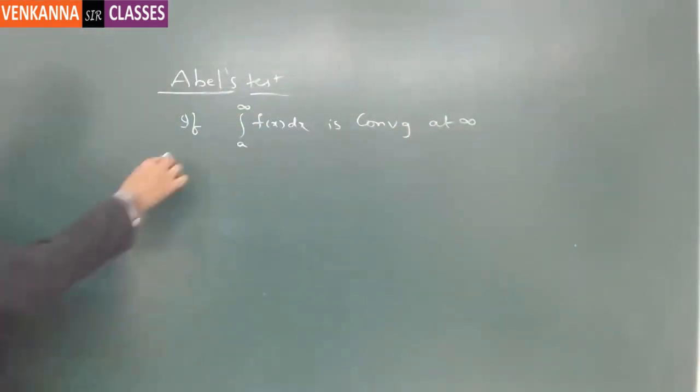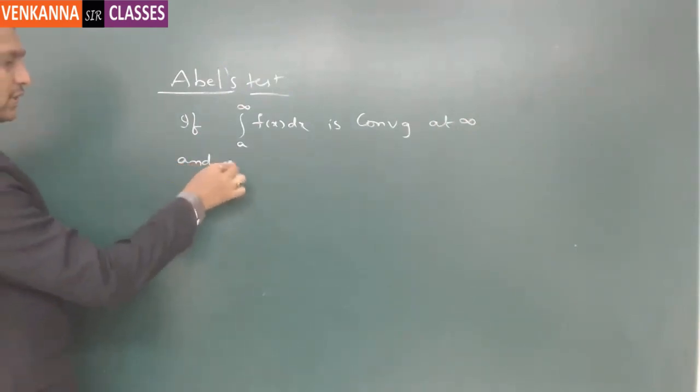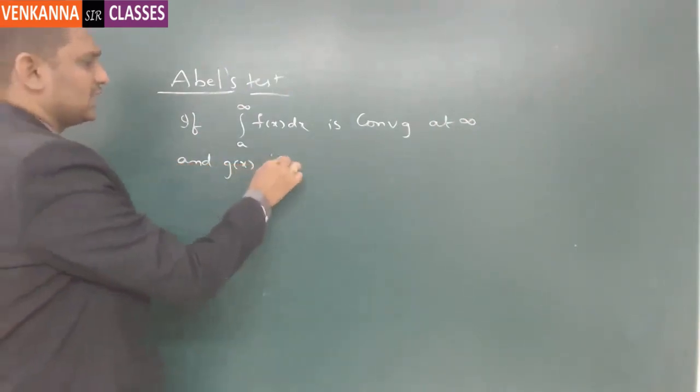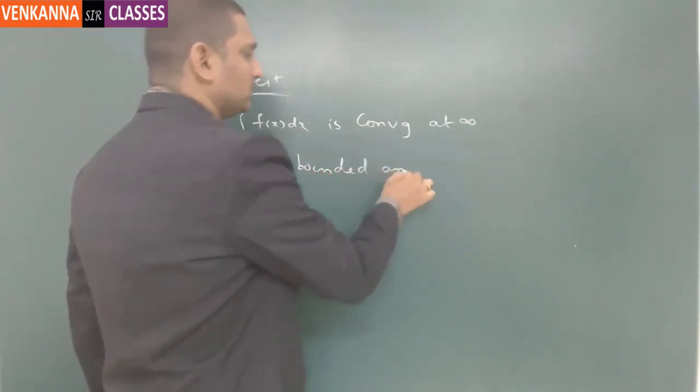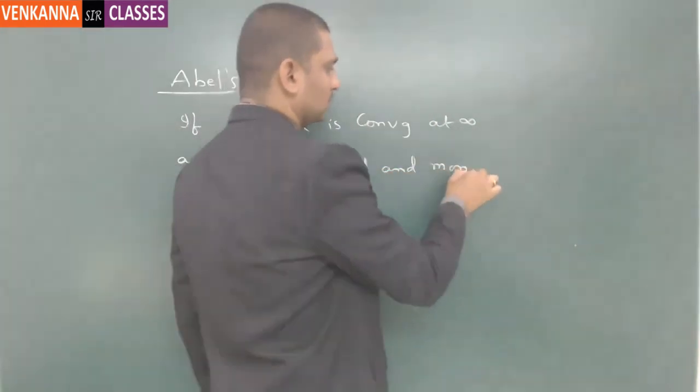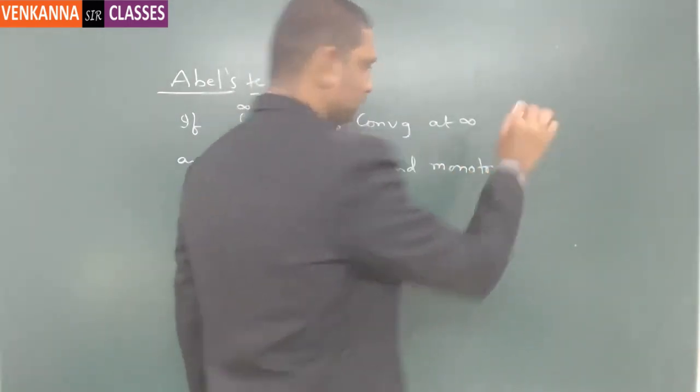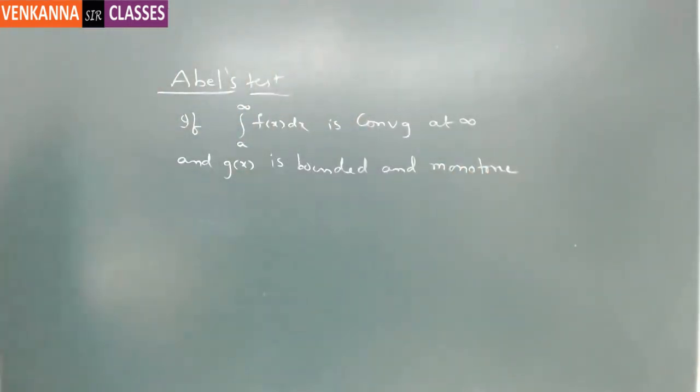And g of x is bounded and monotone for all x greater than or equal to a.